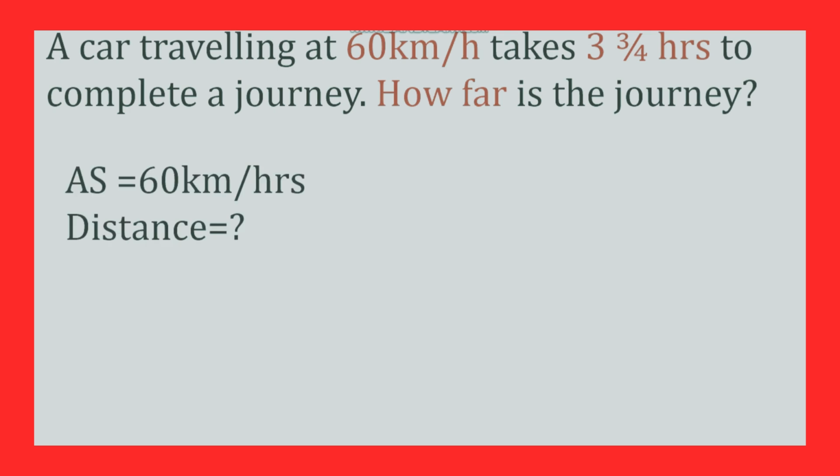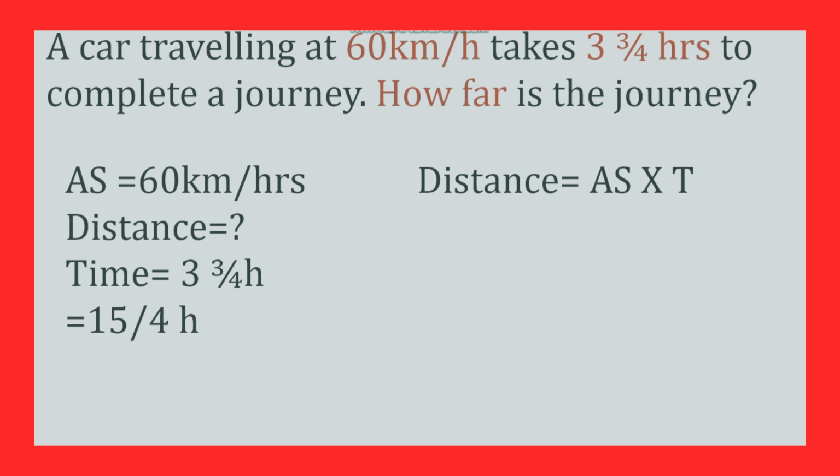And how do we find distance? Here we have average speed to be 60 kilometers per hour. Distance is not given and we have time. Now look at that, time is in a mixed number. And so we need to take it to an improper fraction. 4 times 3, 12, 12 plus 3, 15. You have 15/4. And so to find distance is average speed times time.